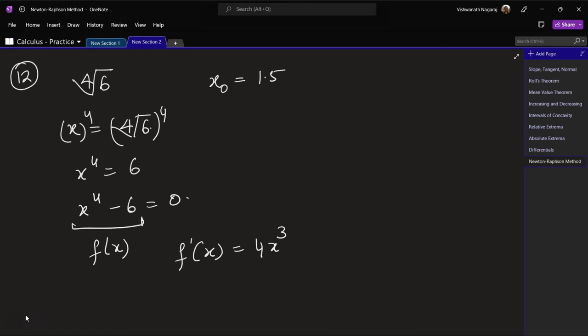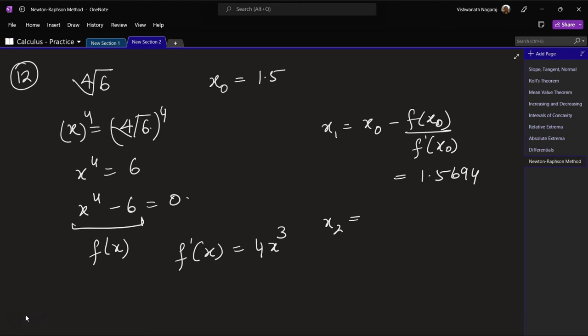Now that we have this, let's figure out a better approximation. x naught minus f of x naught by f prime of x naught. So this will be 1.5694.